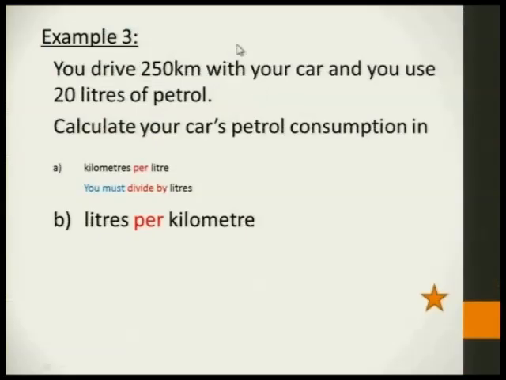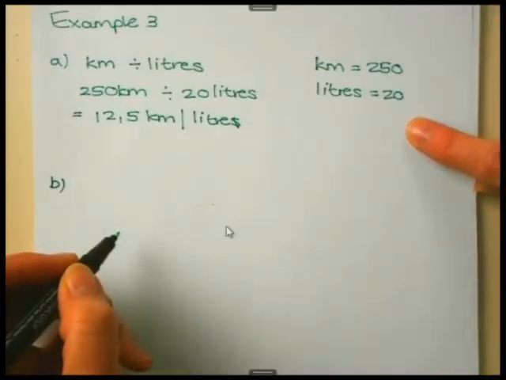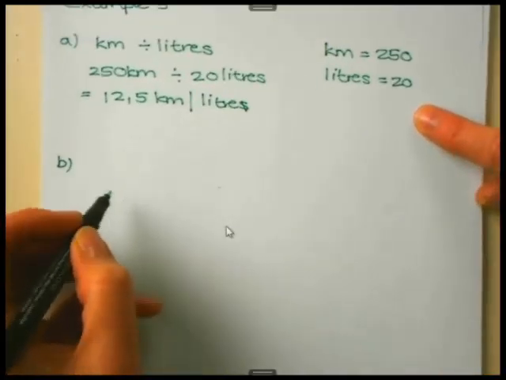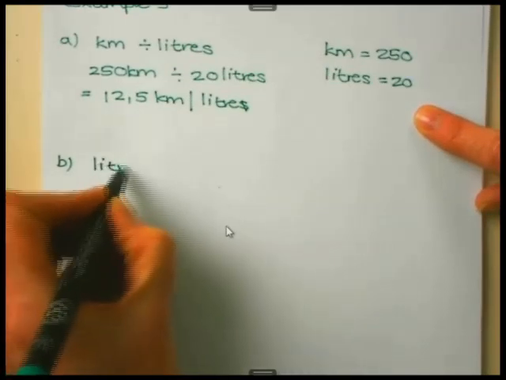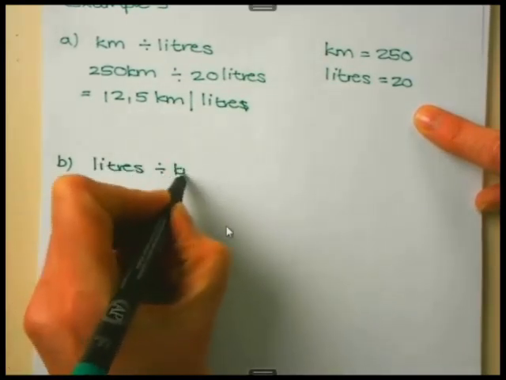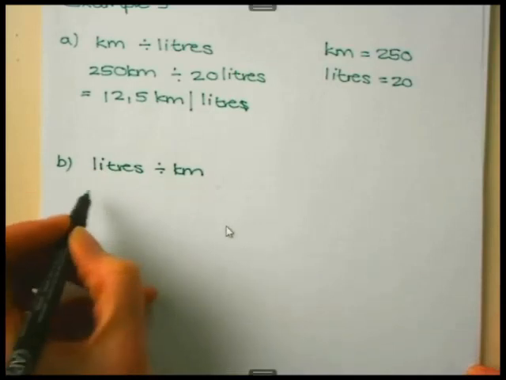Now if we look at B, same story, you're driving 250 kilometers with your car and you use 20 liters of petrol. Calculate your car's petrol consumption, so how many liters it uses per kilometer. So now you're not going to divide by liters, you're going to divide by kilometers. Same kilometers, same liters, and now we're going to say liters divided by kilometers, because it's liters per kilometer.